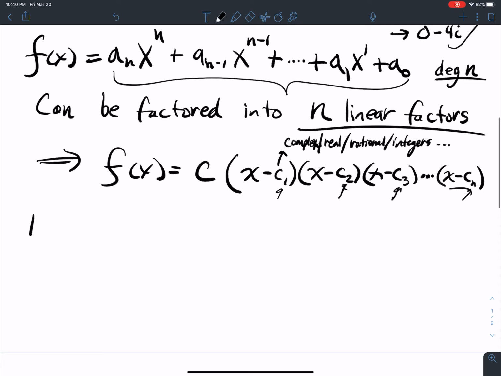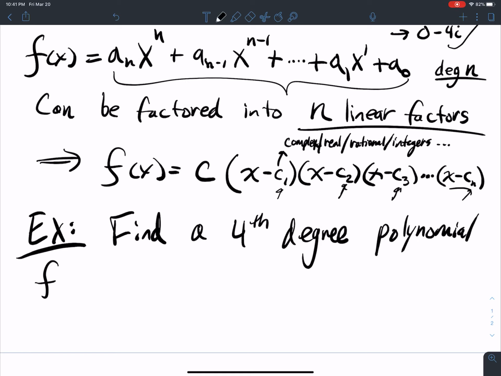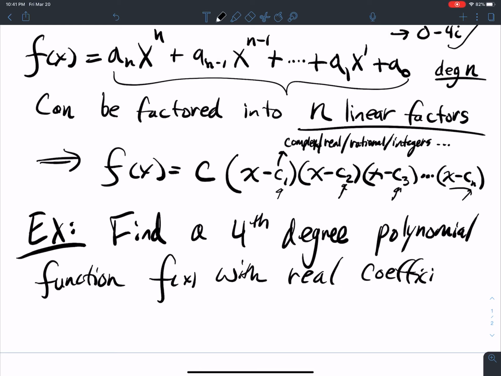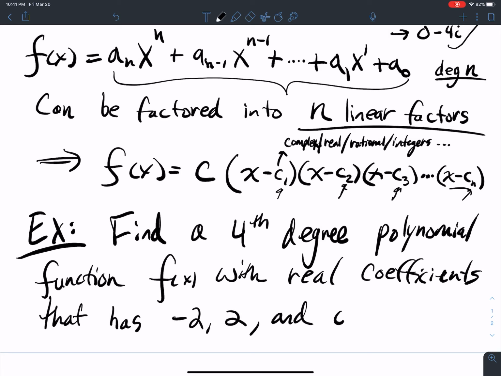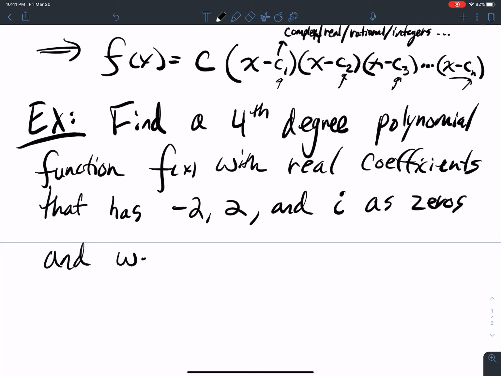All right, so here's your example. Find a fourth degree polynomial function f of x with real coefficients that has -2, 2, and i as zeros, and we know f of 3 is equal to -150.